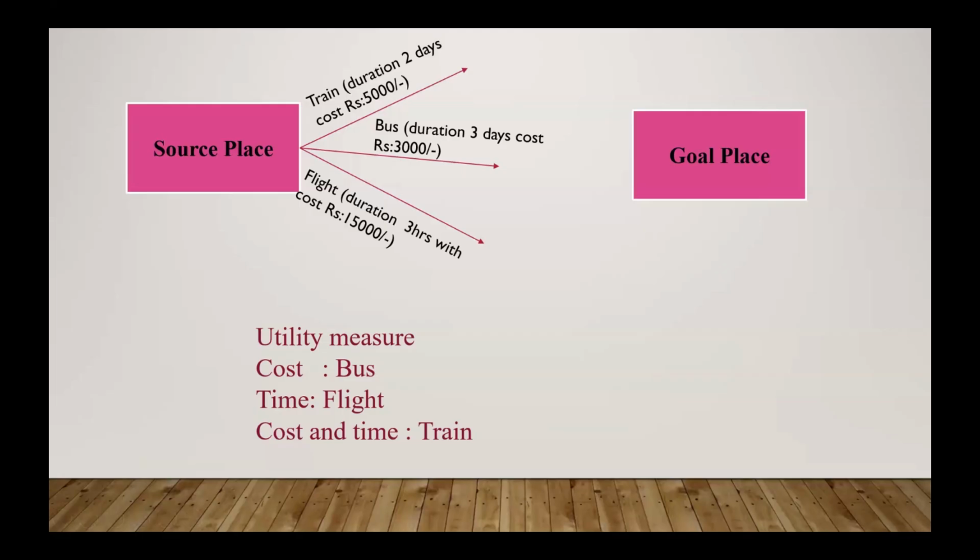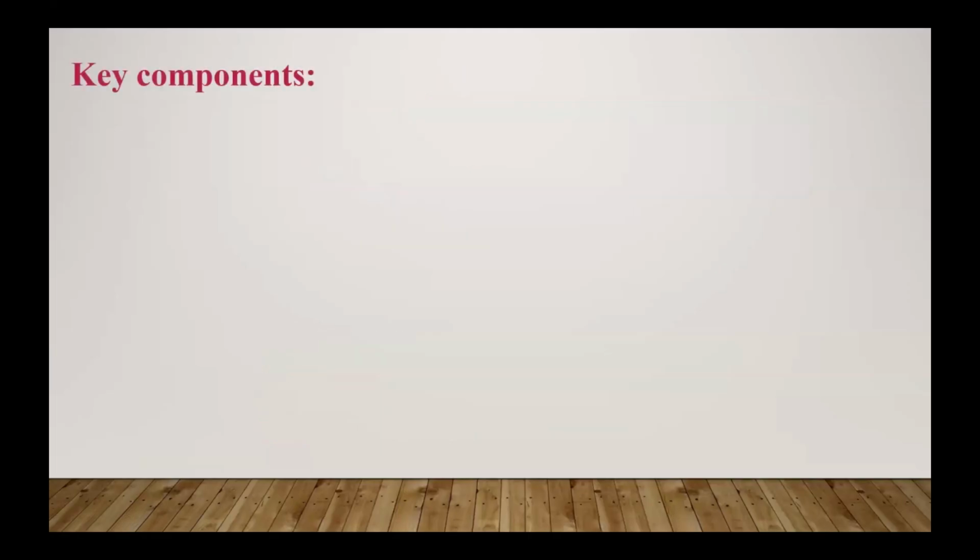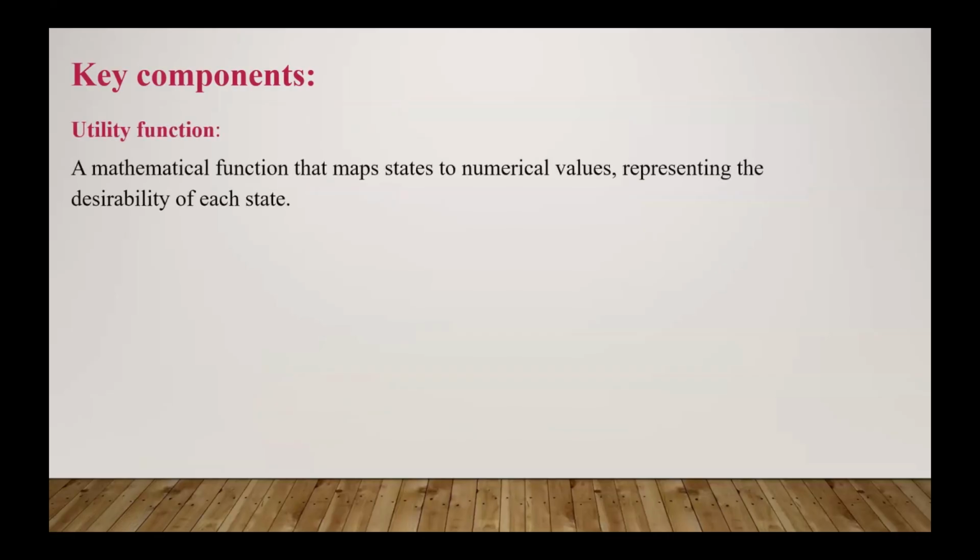The agent has to decide, if there are multiple ways to achieve a goal, then it uses the utility function to measure how to reach the goal. So here the key components for this agent: the first one is the utility function, a mathematical function that maps the state into a numerical value representing the desirability of each and every state.